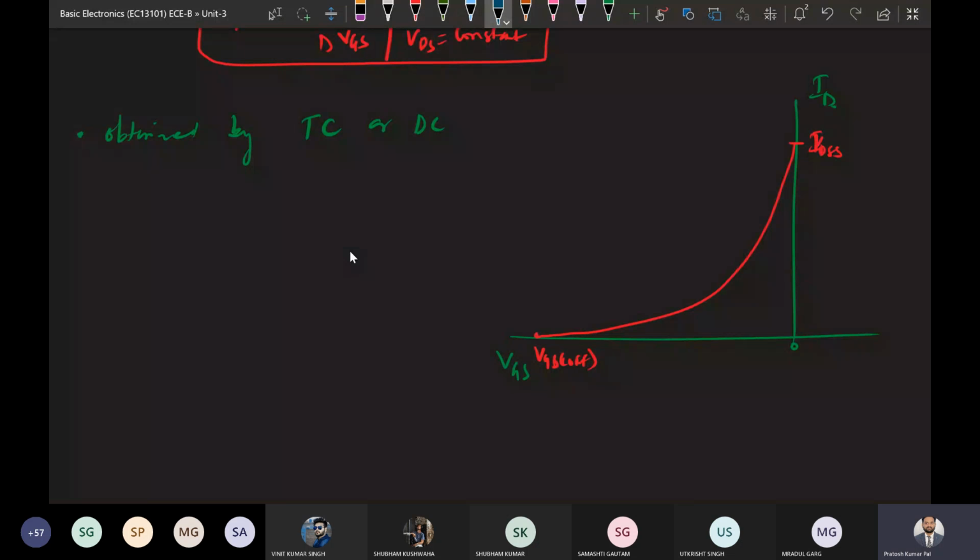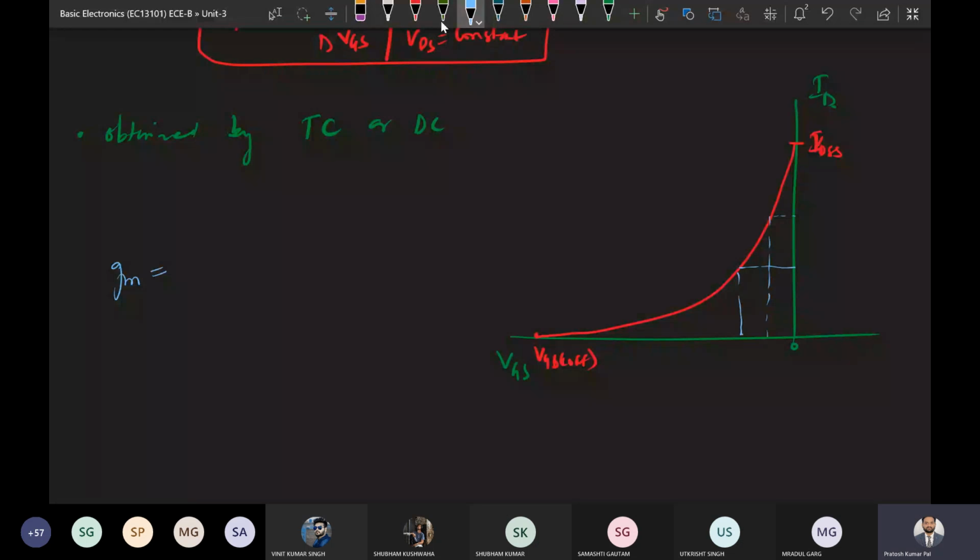So to find out the GM, we need to find out the change in ID. So we will be taking two different values of ID. For these two different values of ID, what is the value of VGS?